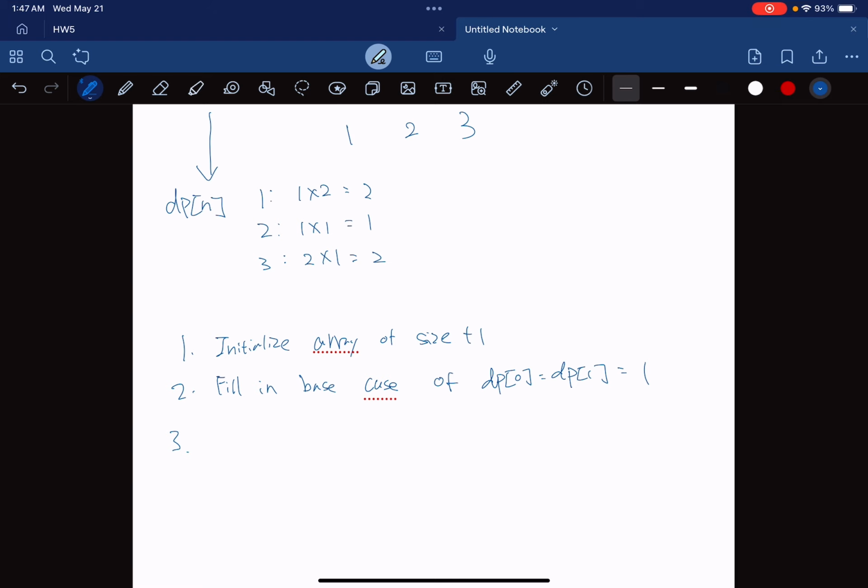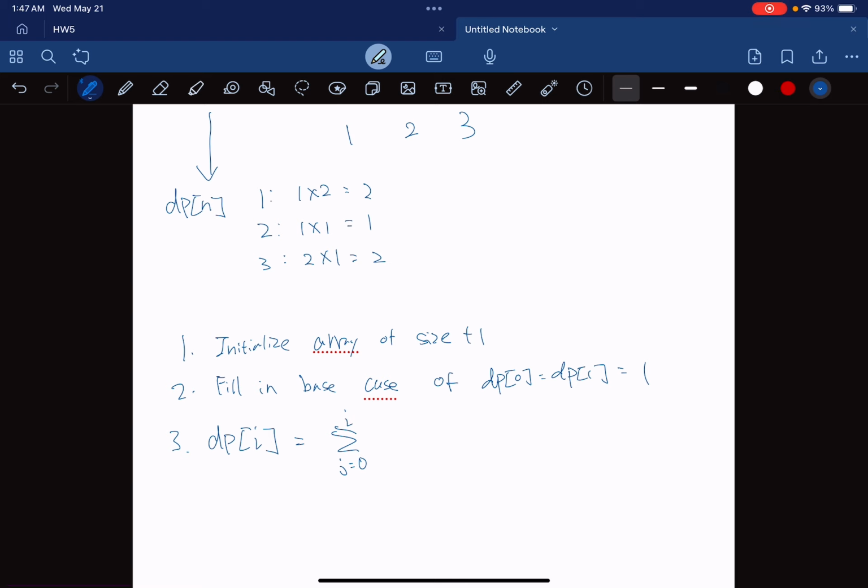And for the rest, dp of i, for any i from 2 through n, it would be the sum of j going from 1, being the pivot, all the way to i.